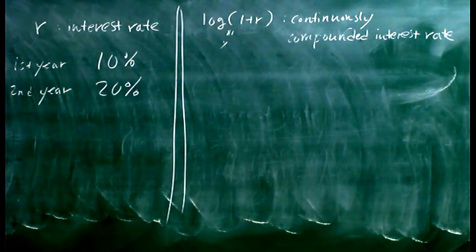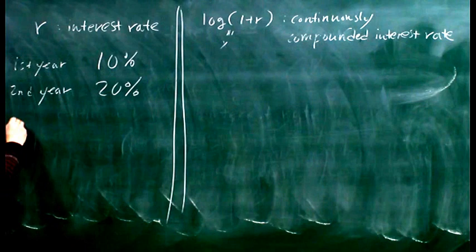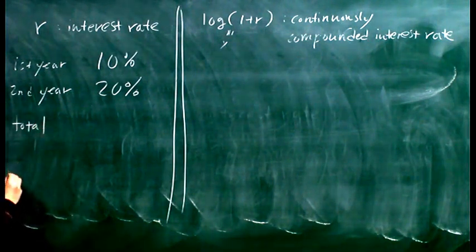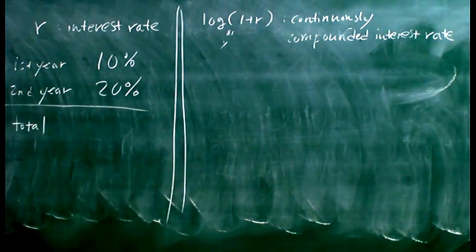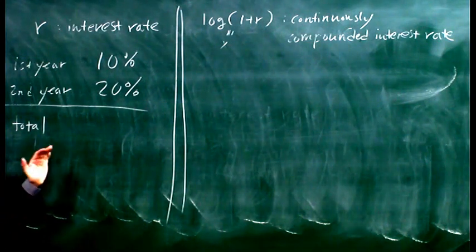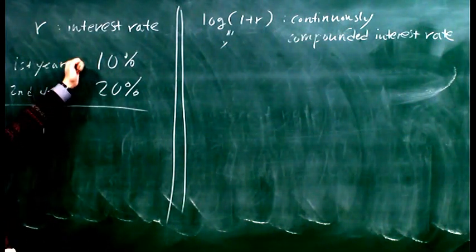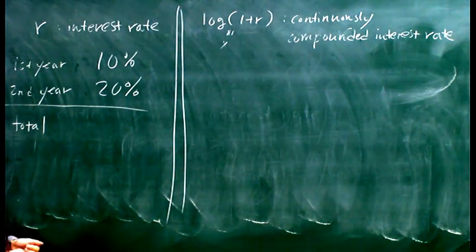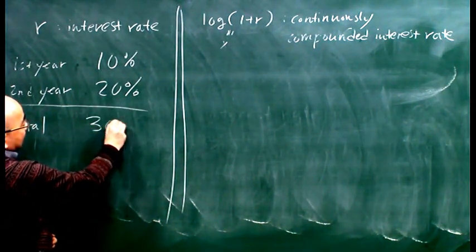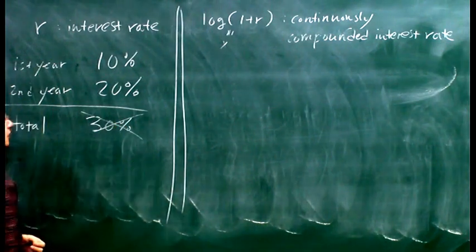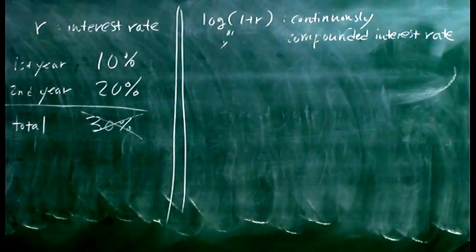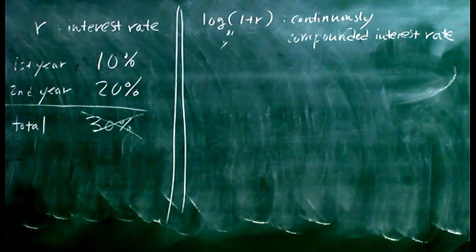And if the question is, what is the total interest rate for this 2-year period? One thing that should be obvious at this point is that you cannot just add these two numbers and say the total interest rate is 30%. This is not the correct way to calculate this number. You need to consider compounding.